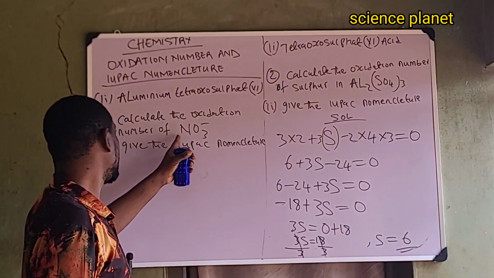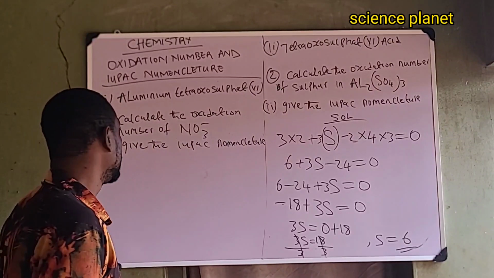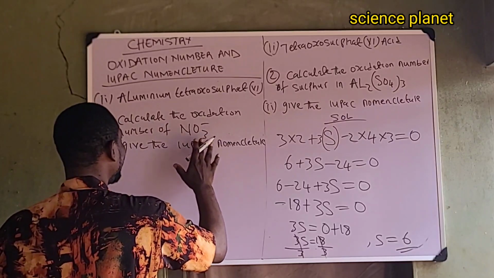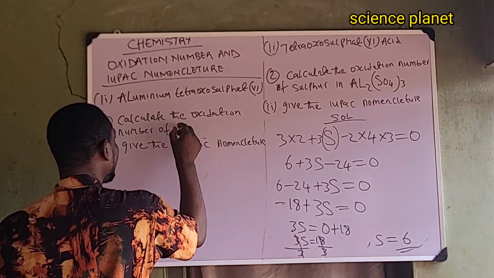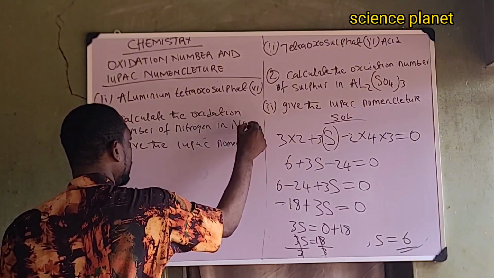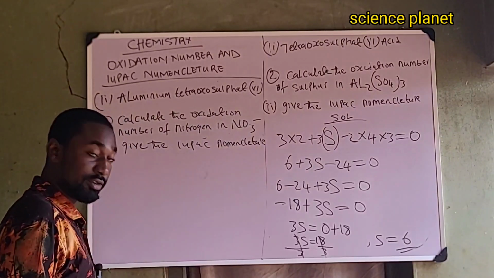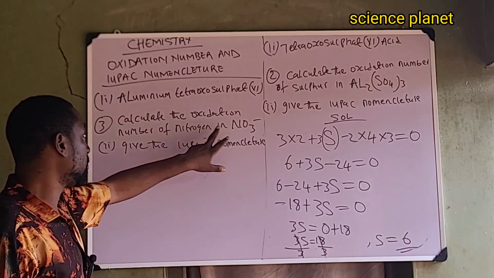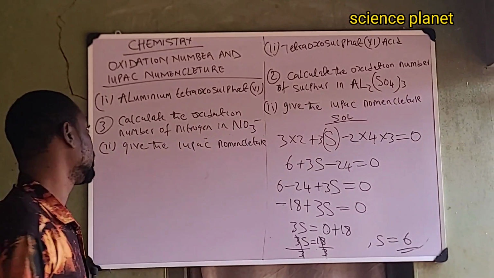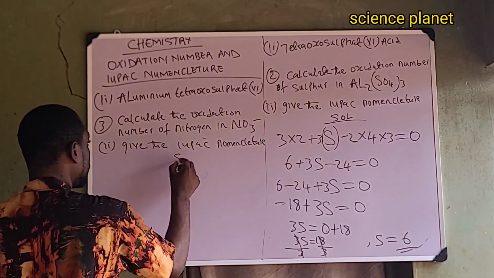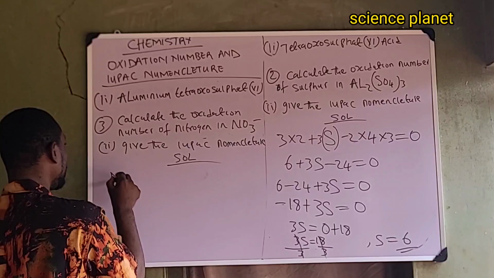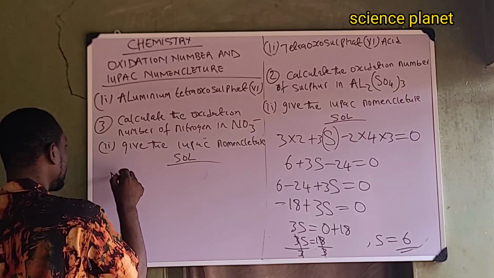So let's calculate the oxidation number of nitrogen in NO3 minus. Okay, this is the correct question. Let's do the solution. We are looking for nitrogen, so just write N in capital letter.